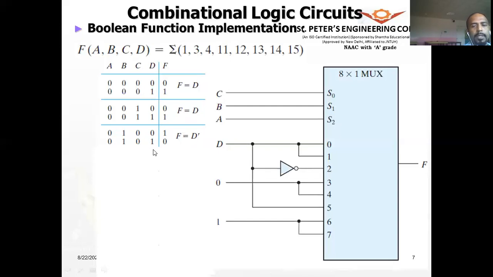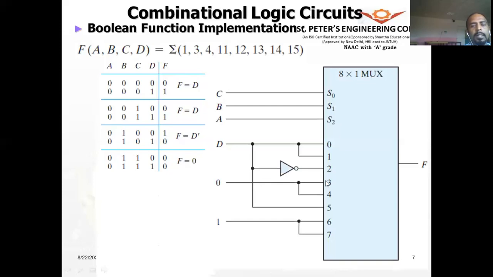Next, for the next combination, when A is 0, B is 1, and C is 1. All right. For this combination, that is for 5 and 6, the output is 0. So therefore, we have to put the function value to be 0.